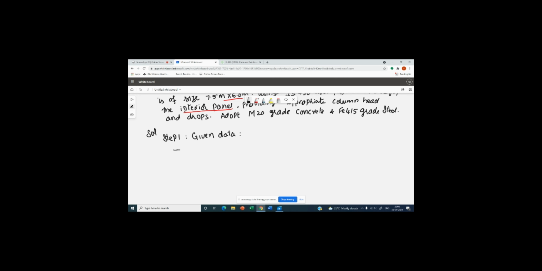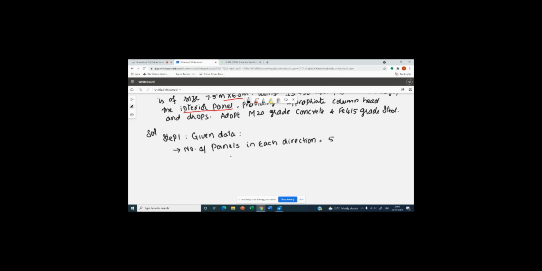First and foremost thing given is the number of panels. The given floor system, number of panels in each direction is 5. Whatever is given in the question, the same thing I am taking under step 1 as the given data.